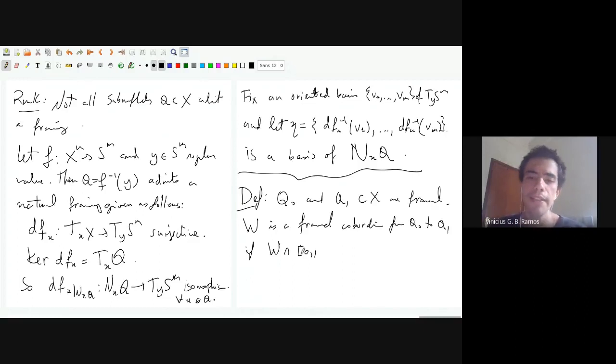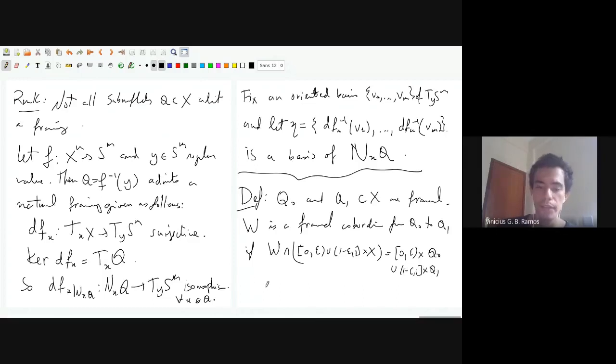So if you intersect W with [0, epsilon) times X and (1 minus epsilon, 1] times X, you obtain [0, epsilon) times Q_0 union (1 minus epsilon, 1] times Q_1. So your framed cobordism starts kind of constant and ends kind of constant, and all the action happens in the middle.